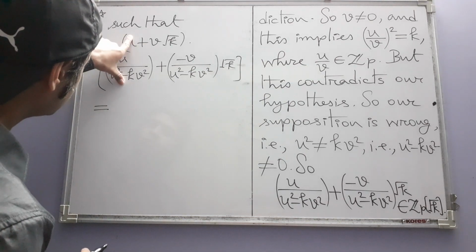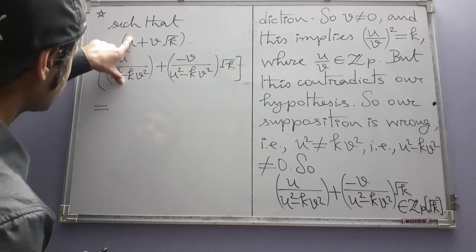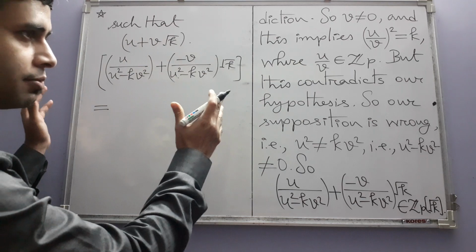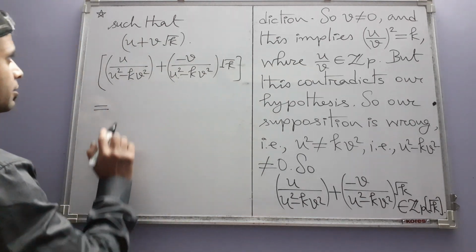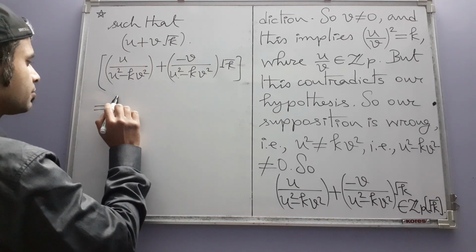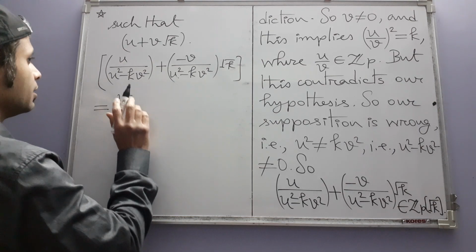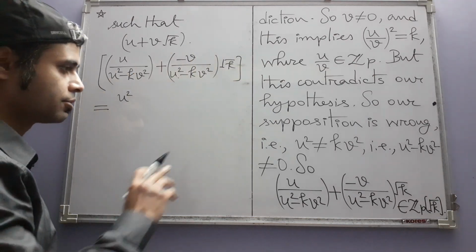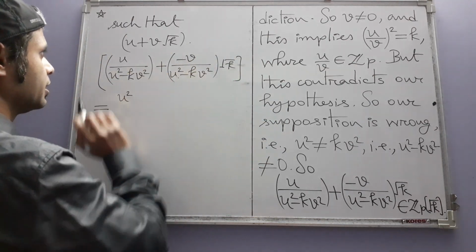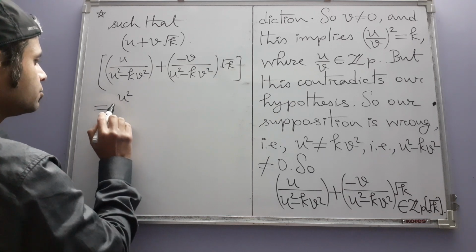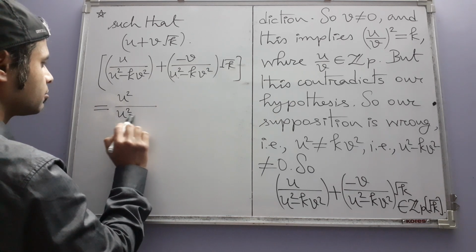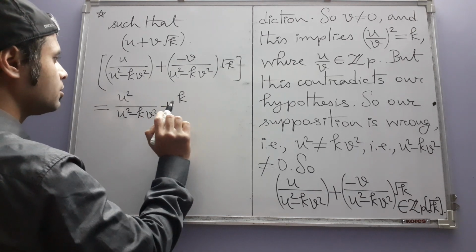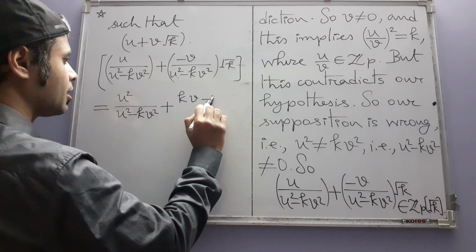This times this, first component times first component plus second component times second component, that gives us the first component of the product. U square, well, not just that, but we have to multiply a k here also. You go back to the definition, there you will see a k here. So u square divided by this plus k times v times minus v.